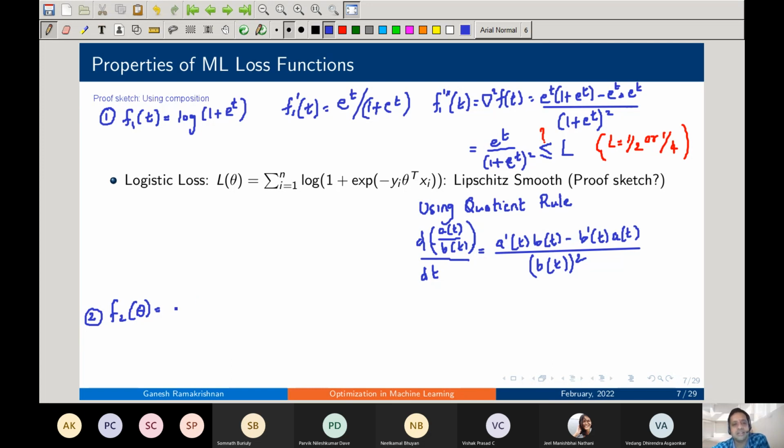So f2(theta) is simply minus yi theta transpose xi, right? And this is Lipschitz continuous, Lipschitz smooth. It's upper bounded by a quadratic term. In fact, if you take the double derivative, you'll just get 0.